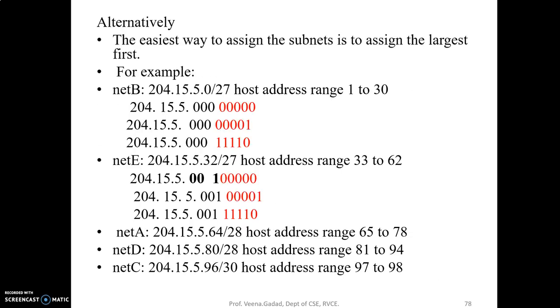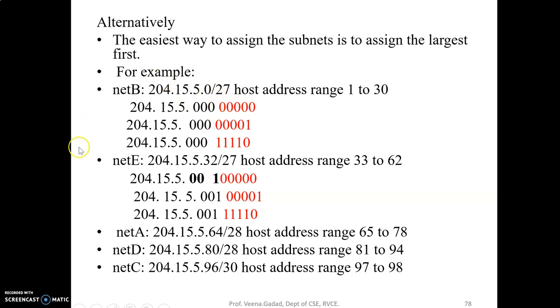This is an alternative configuration wherein we assign the subnets which require the largest number of hosts first, that is network B and network E, where the requirement is more, that is we need 28 addresses.